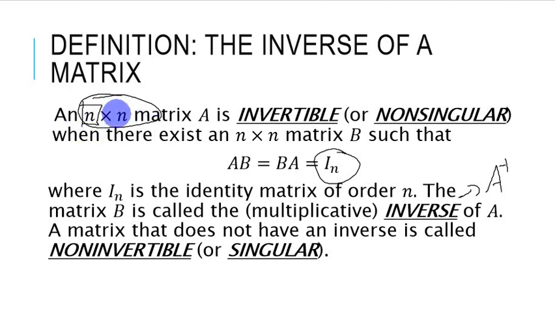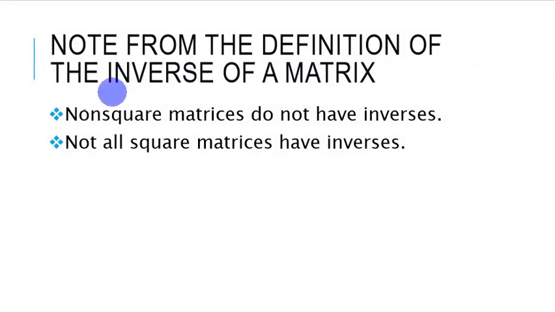Apart from this, you can see that the requirement is that the matrix A is n by n. What does this mean? We can see now that non-square matrices do not have inverses because the first requirement of the definition is that it's an n by n matrix, meaning it should be a square matrix.